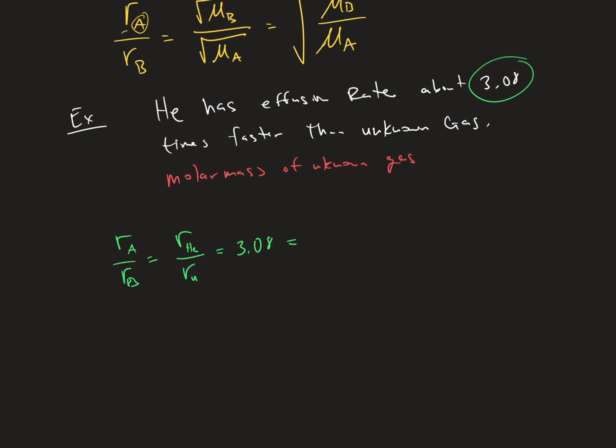And the equation for that is the square root of, what goes on top? The molar mass of the unknown gas, that's what we're looking for, over the square root of the molar mass of helium. Are we good there?